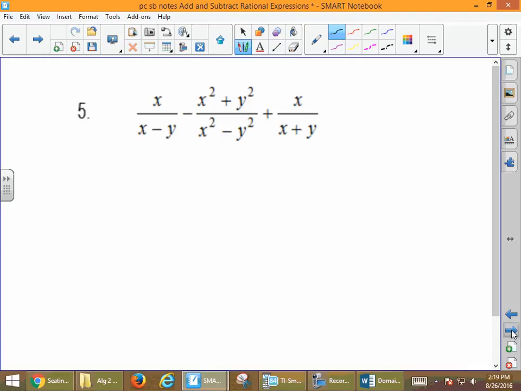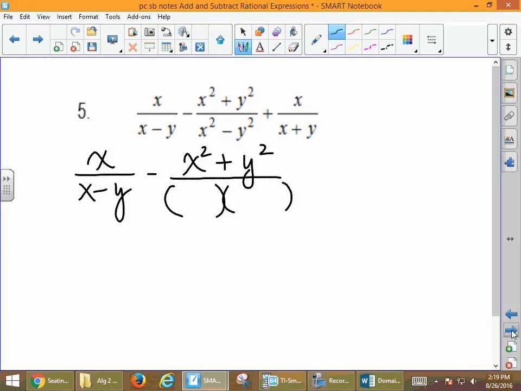As we look at number 5 here, the process is still the same. The difference on this one is that there's 3 fractions instead of 2. And let's look and see if we can factor anything first. So as we look here, we've got x divided by x minus y, minus x squared plus y squared.